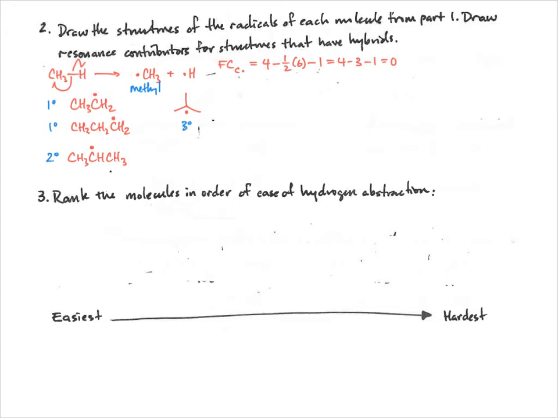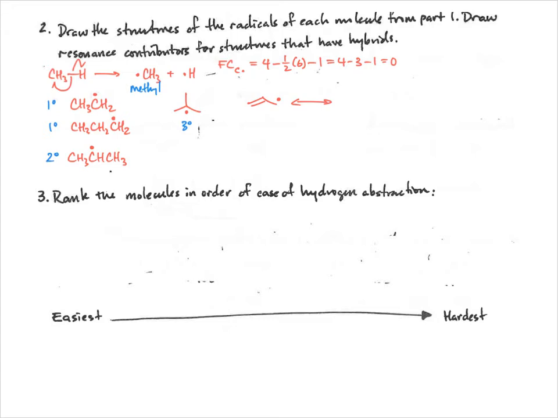Now we had propene. We said that was primary. So there's propene. We're abstracting a primary hydrogen, so the radical ends up there. For this, we can have resonance. So the double-headed arrow that I just drew, that's the resonance arrow.